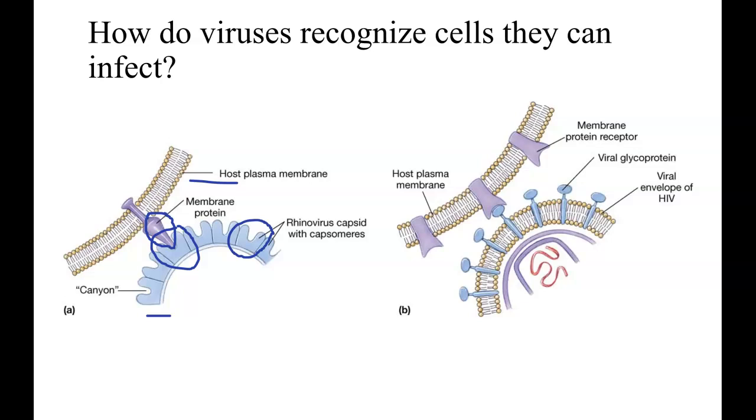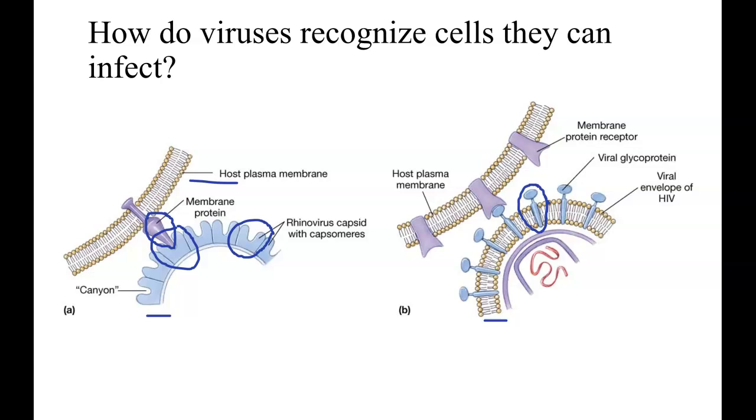On the right-hand side, in picture B, we have a virus with an envelope. Remember those spike proteins, and this is something they talked quite a bit about with developing the COVID vaccines, was that spike protein. Introducing that spike protein to the immune system allowed the immune system to recognize it as being foreign. Well, viruses with envelopes have those spike proteins.